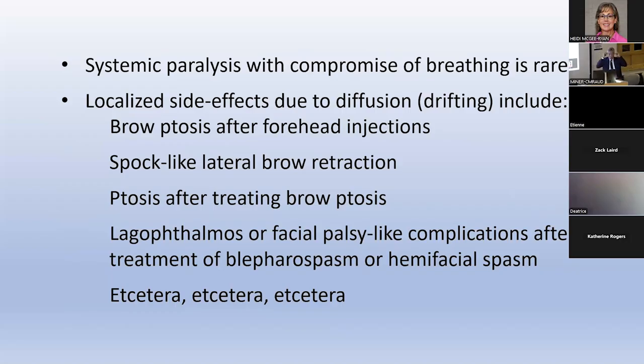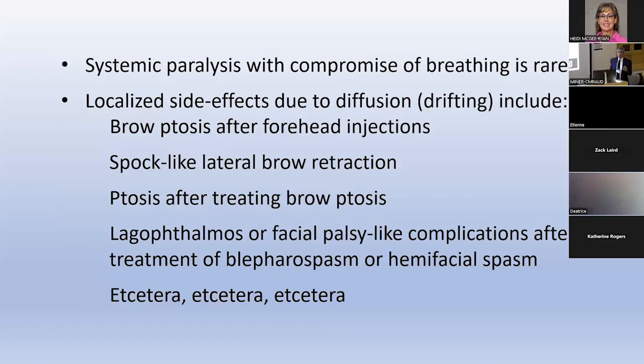You can get the so-called Spock eyebrow, which is where the lateral eyebrow goes way up like this because of the wrong position being injected. When patients have blepharospasm or hemifacial spasm being treated, it's got to be injected right into the eyelid. Well, if the levator muscle catches some of it, unintended, of course, they get ptosis that lasts 3 months.